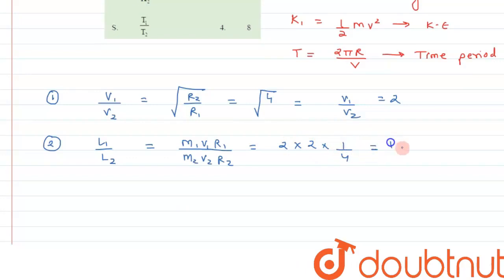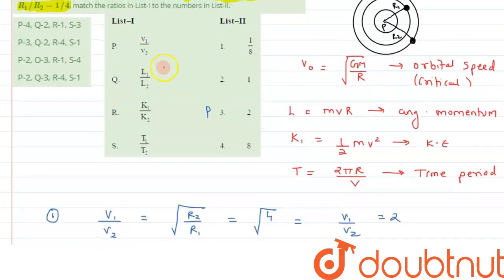So the value comes out to be 1. It matches with the second option, so the answer for Q is 2.